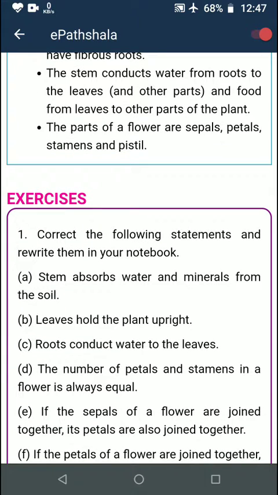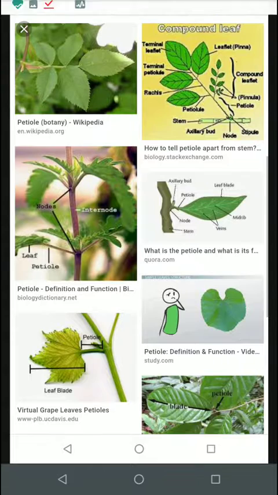The stem conducts water from roots to the leaves and the other parts, and food from leaves to other parts of the plant. The parts of the flower are sepals, petals, stamens, and pistils.